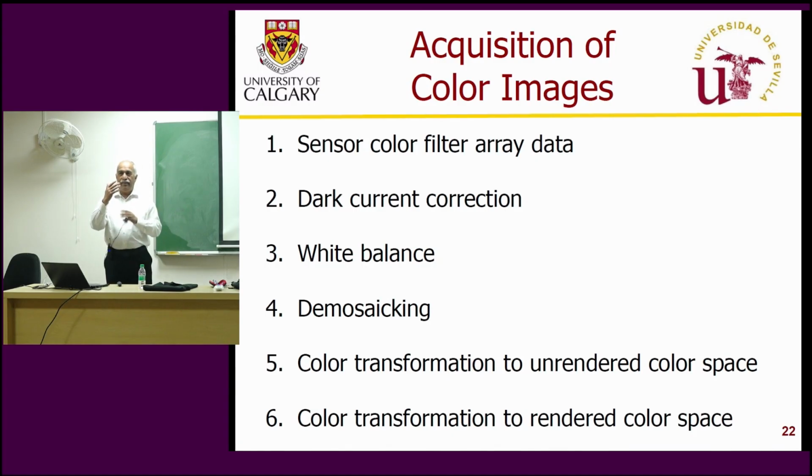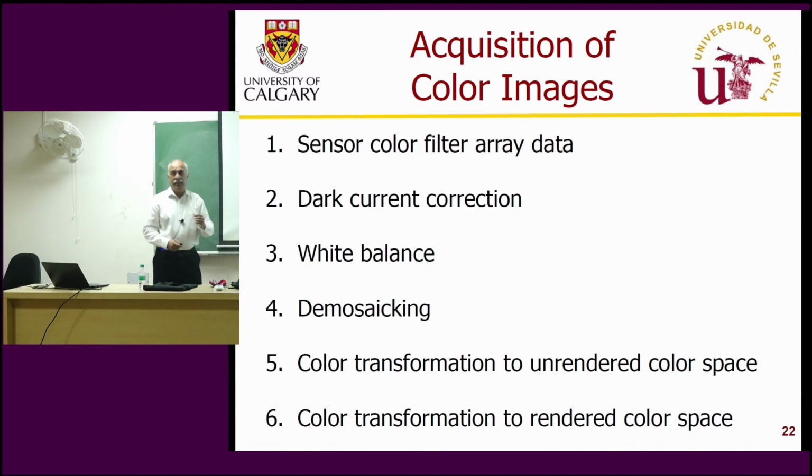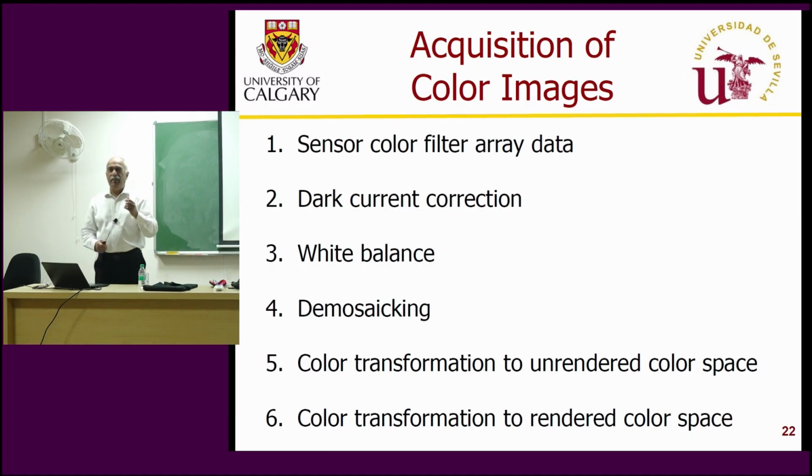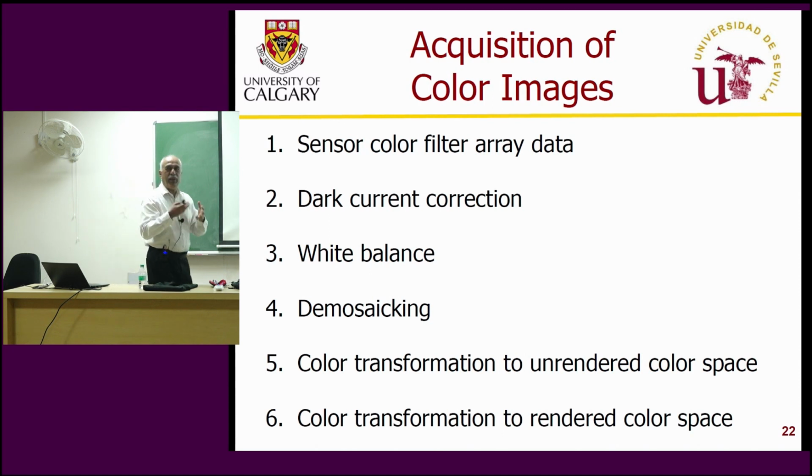So one sensor of light, put filters. You can put 3 filters and take RGB separately, but that takes time too. So instead, there is a color filter array. You need dark current correction because the CCD elements have some noise. So even when there is no light, when the lens cap is on, there will be some electrons jumping around due to thermal energy, and there will be some dark current you have to correct for that.